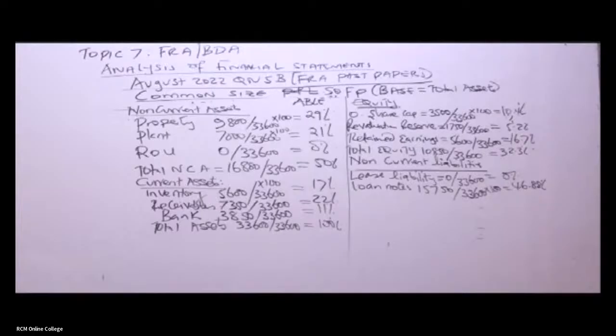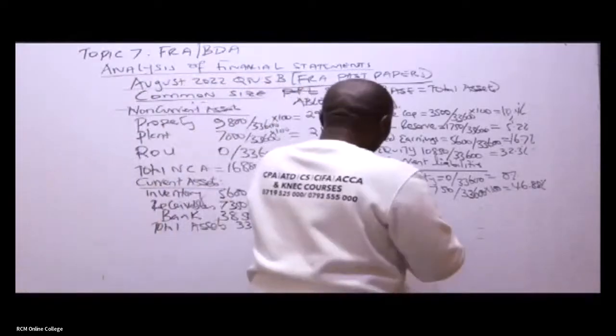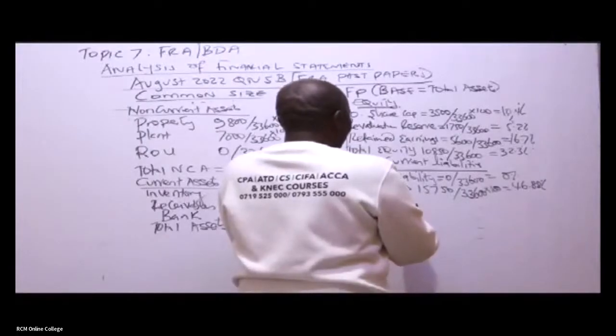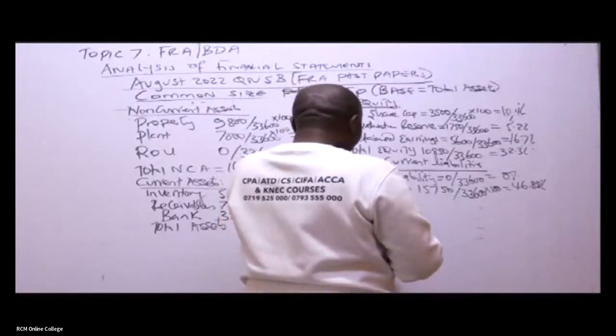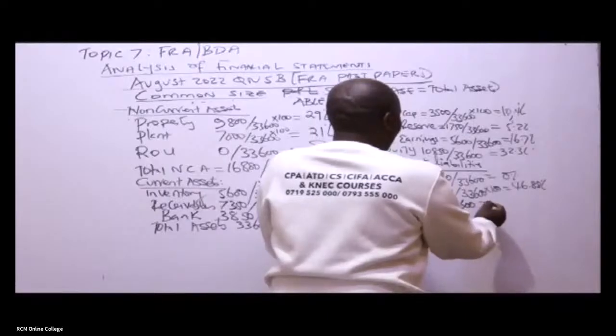So after loan notes, we go straight away to the current liabilities. I don't have to write the title current liabilities because of space, but I know you must have written it. So we have payables: 4,375 divided by 33,600 equals.